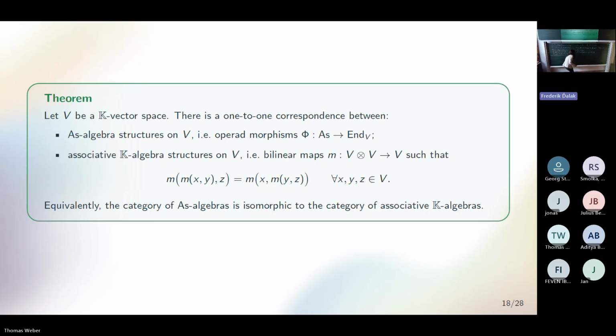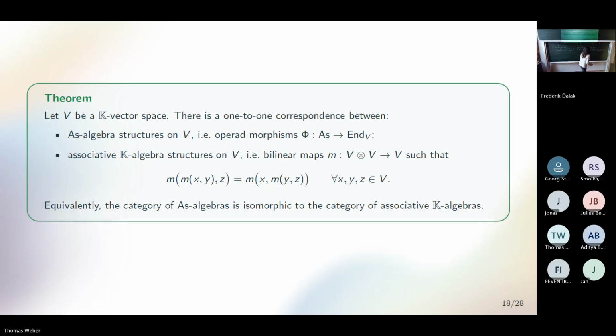So here we have phi_2 of mu_2 composed with phi_1 of mu_1 tensor phi_2 of mu_2, equal to phi_2 of mu_2 composed with phi_2 of mu_2 tensor phi_1 of mu_1.